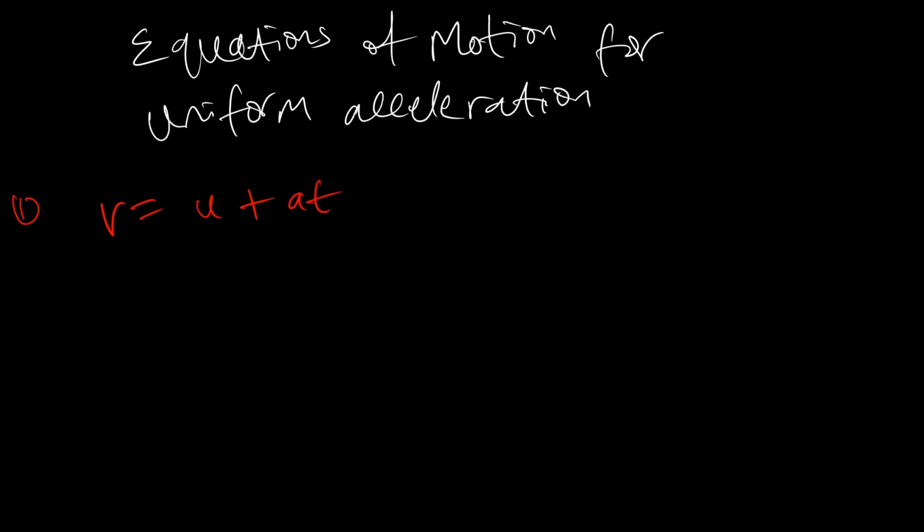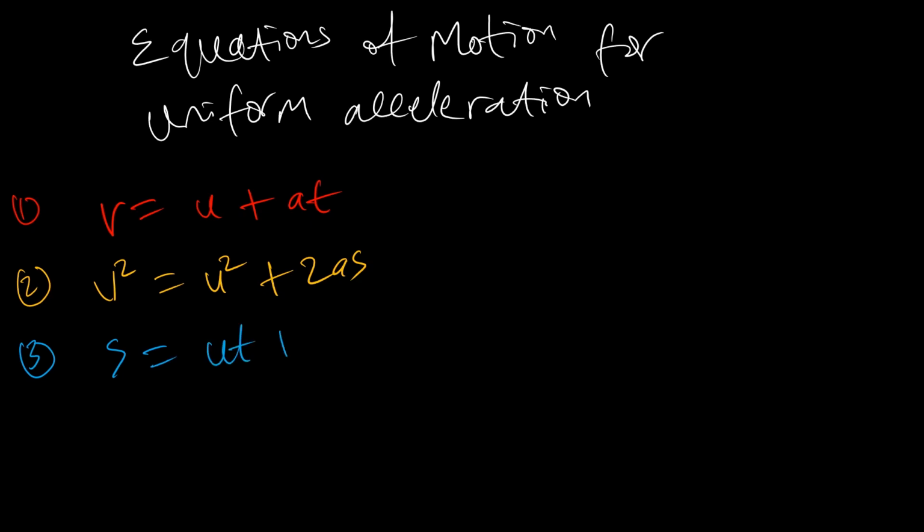The second one, v squared equals u squared plus 2as. The third one, s equals ut plus half at squared.